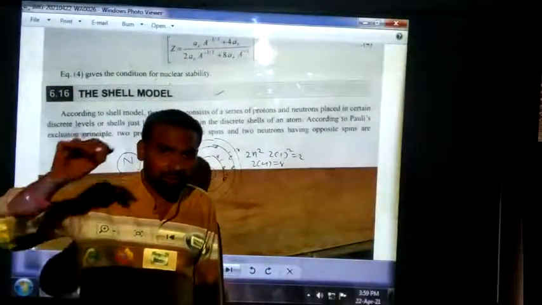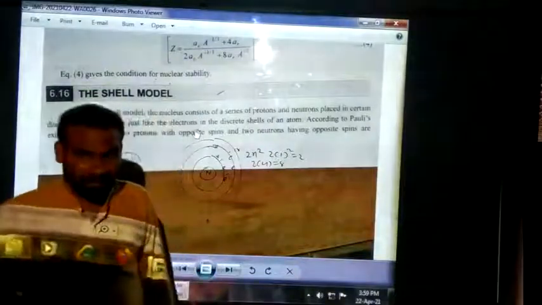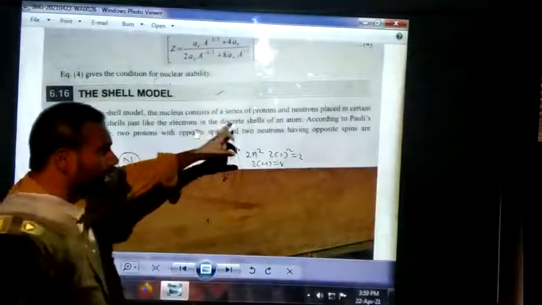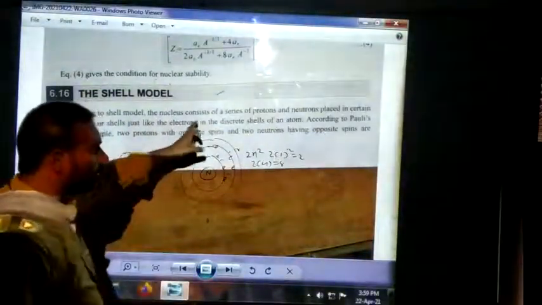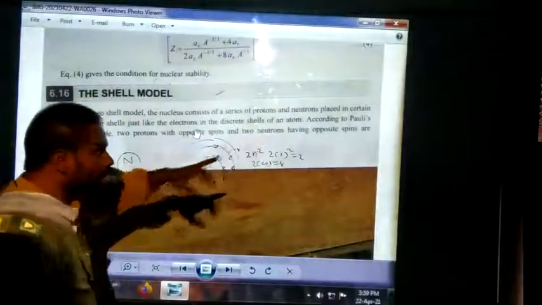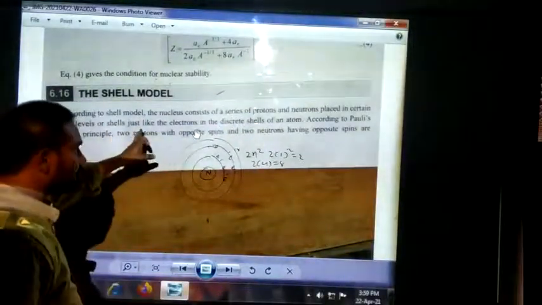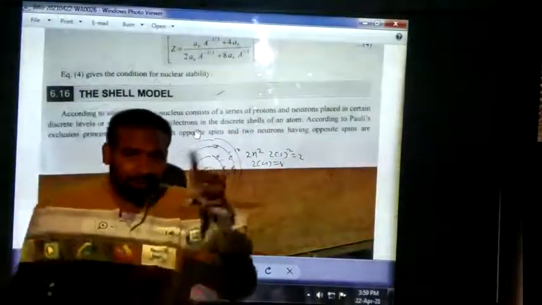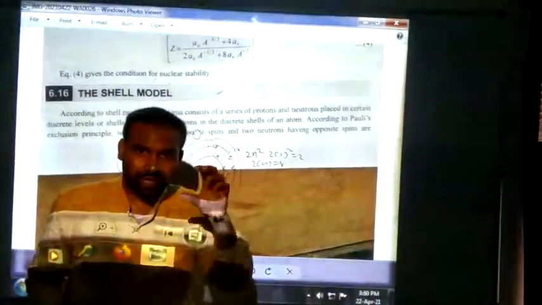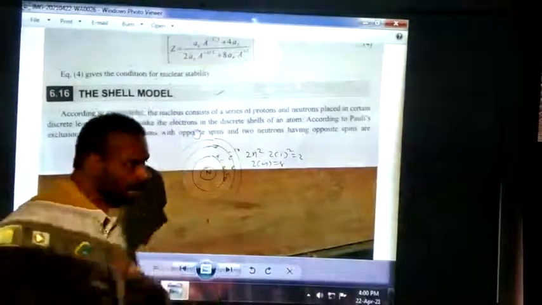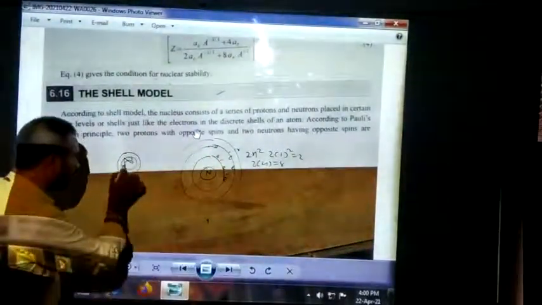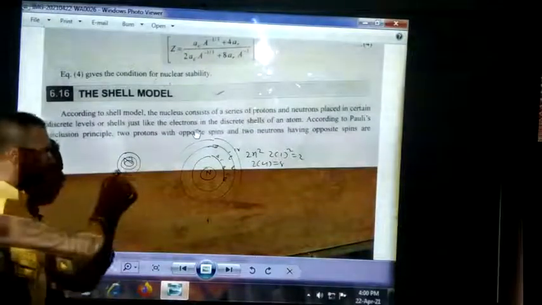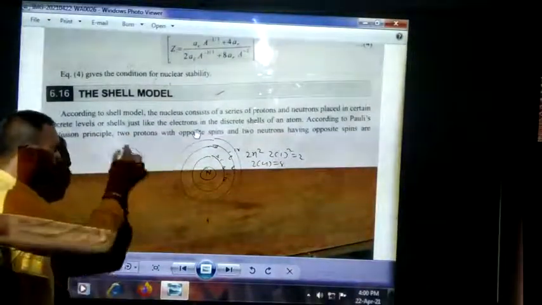According to the shell model, the nucleus consists of a series of protons and neutrons arranged in discrete energy levels, or shells, just like the electrons in the discrete shells of the atom. Protons and neutrons are arranged in the nucleus in discrete energy levels.